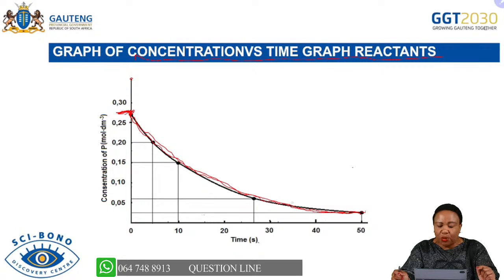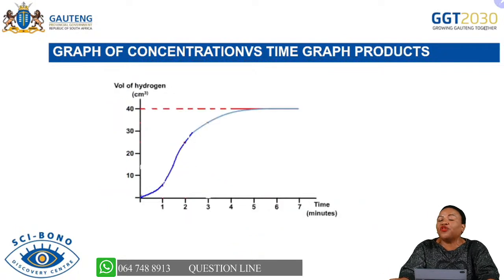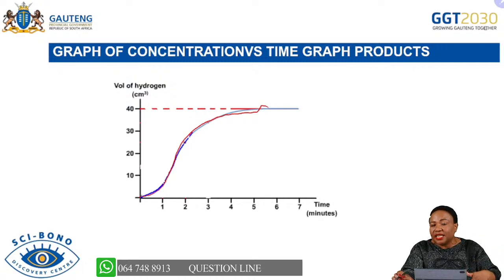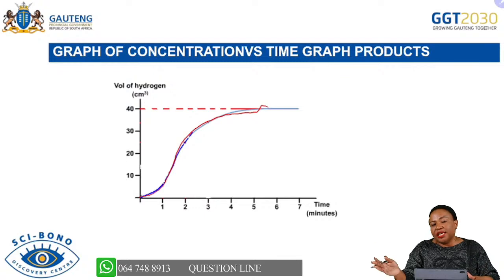So it is very important that you understand what happens to the reactants' concentration as the reaction proceeds. Now, this one indicates the concentration of the product. As the concentration of the reactants decreases, the products are forming and their concentration is increasing.